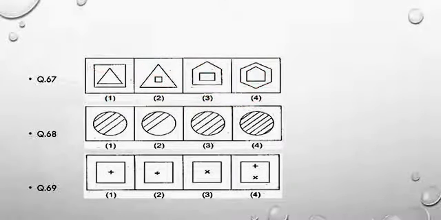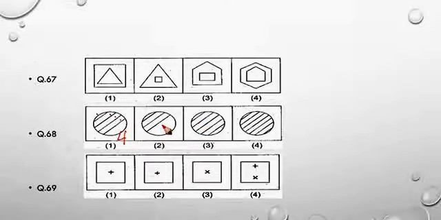Let's go to the next question. In question number 68, there are 4 options. In each option there are lines drawn in a particular circle. Let's count the number of lines. In case of option 1, the number of lines is 1, 2, 3 and 4. 4 lines are there in option 1.